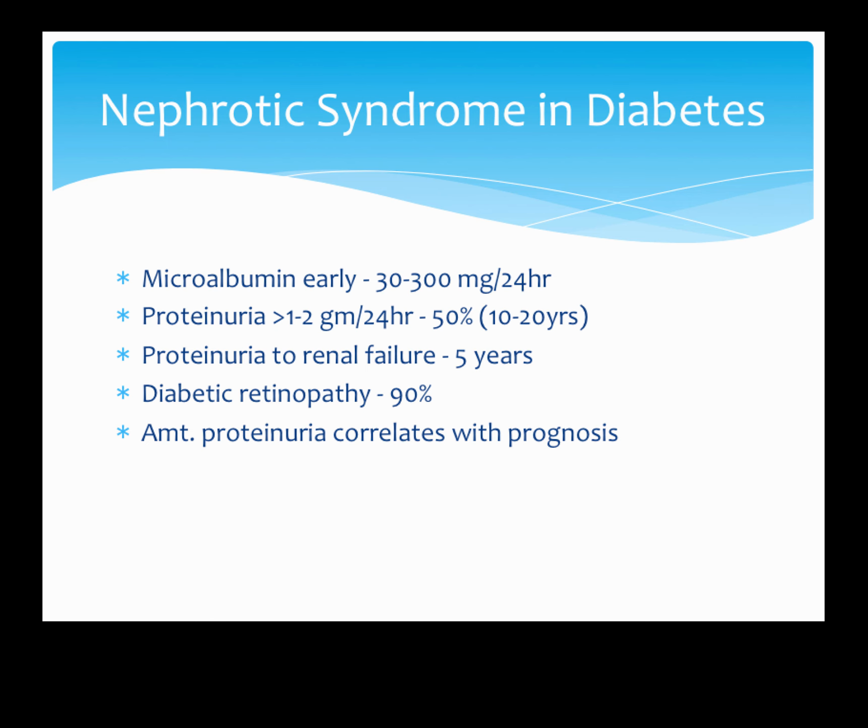So patients with diabetes, whether it's type 1 or type 2, will frequently develop nephrotic syndrome. Early on, they will begin to excrete very small amounts of albumin called microalbuminuria, which can be detected by very specialized testing.